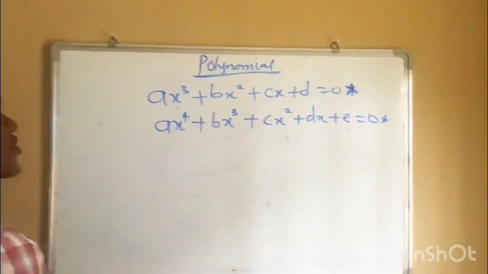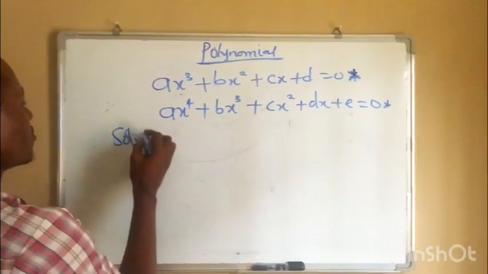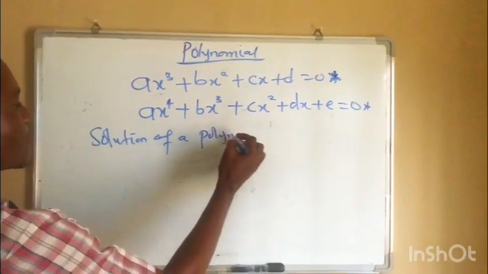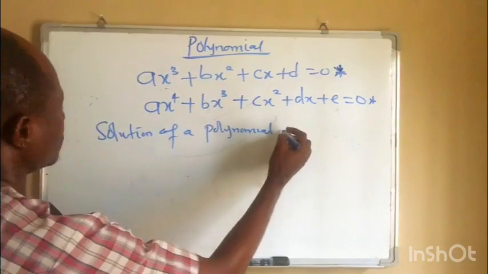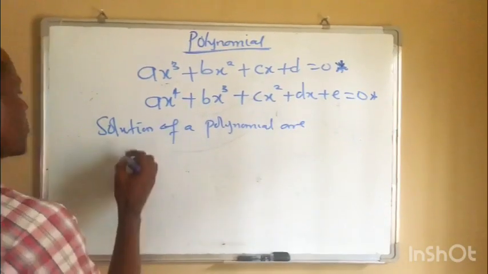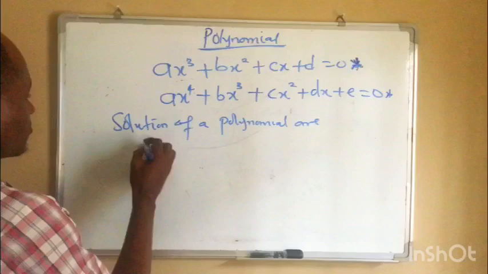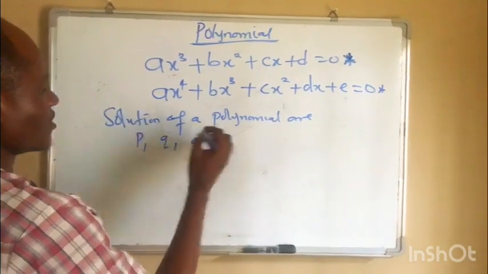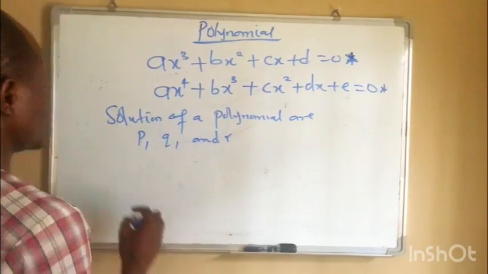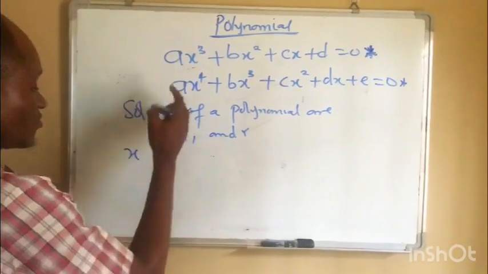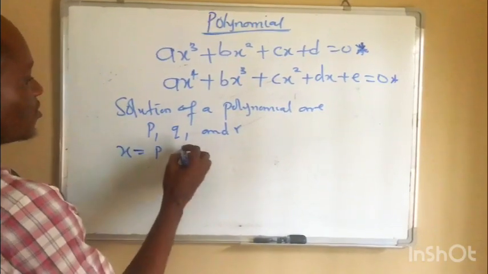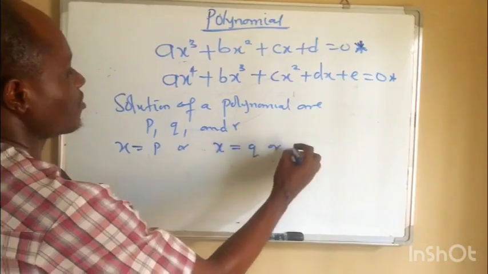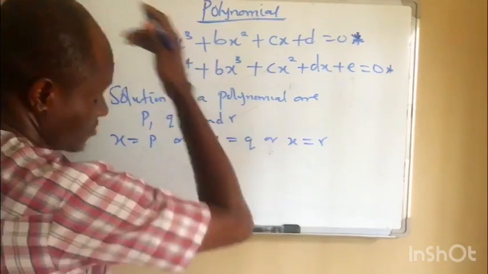Now if you are given that the solutions of a polynomial are, let me say, p, q, and r, what they are saying is that x equals p, or x equals q, or x equals r.